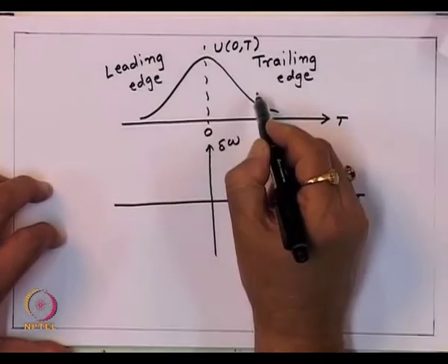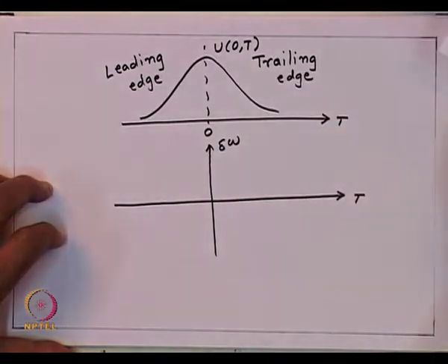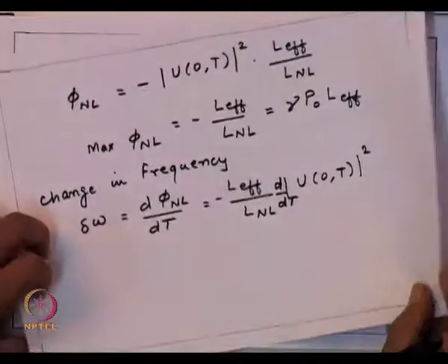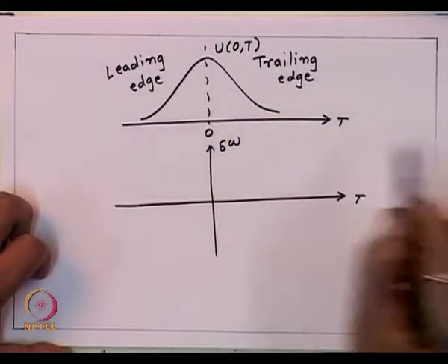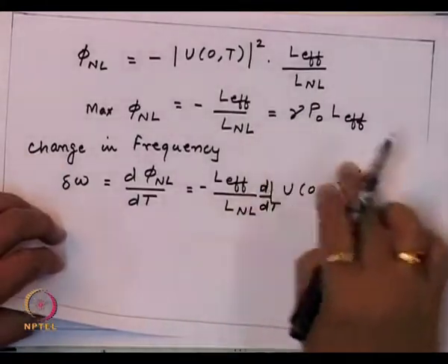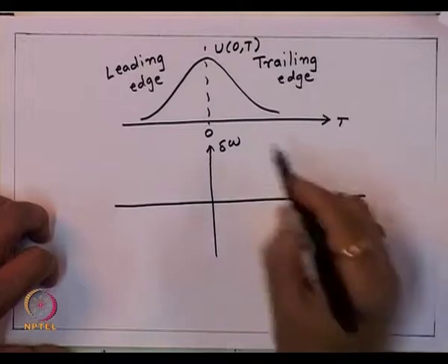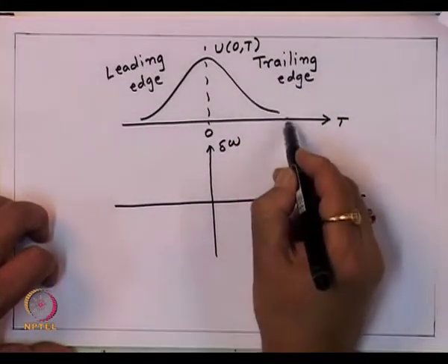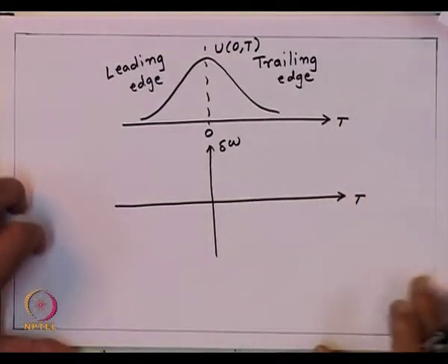By the same token, the slope on the trailing edge is negative, so the change in frequency is positive on the trailing edge of the pulse. Also, since it is the derivative of this function, it has a maximum somewhere here, and as you reach this region again, the derivative will be almost equal to 0.